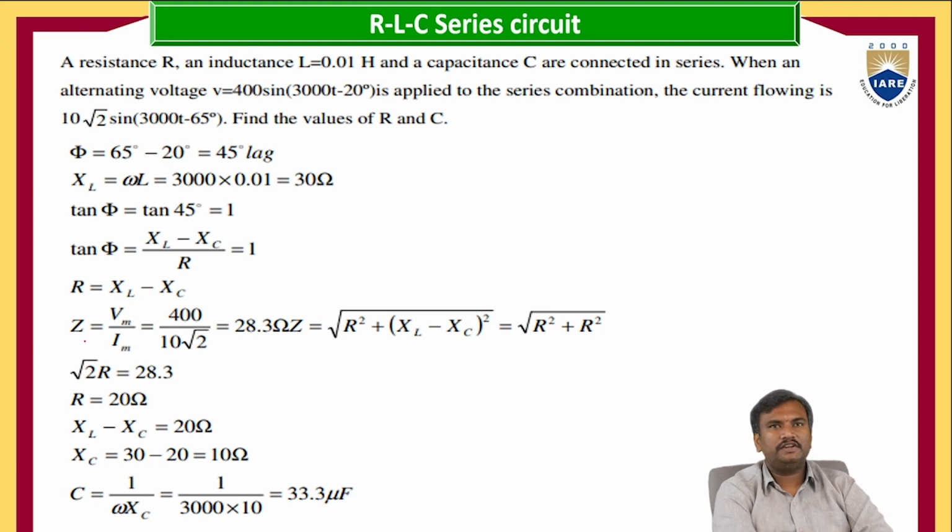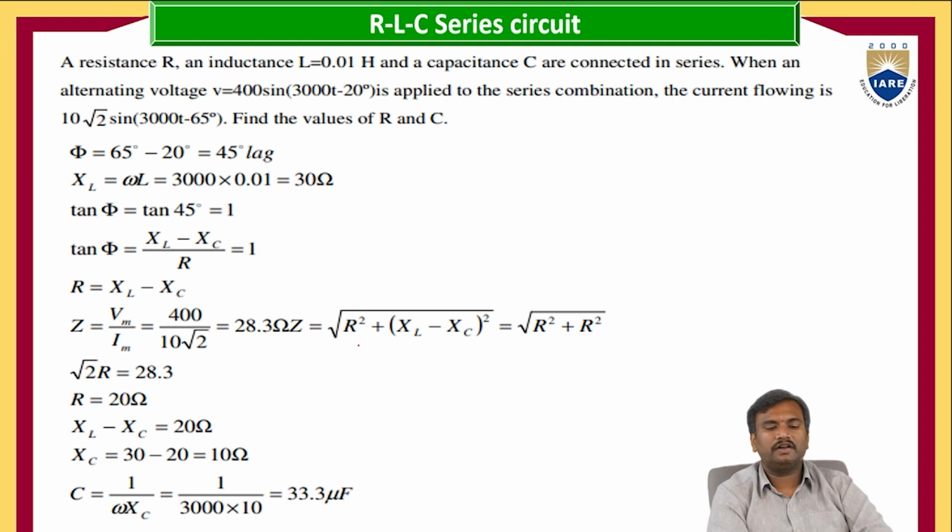So from this, Z is equal to Vm by Im. Here the Vm value is 400 divided by Im value is 10 root 2. These values are given in the voltage equation and in the current equation. So if we substitute these values, we are going to get 28.3 ohms. And what is Z?